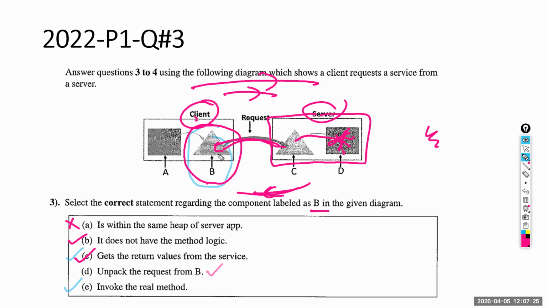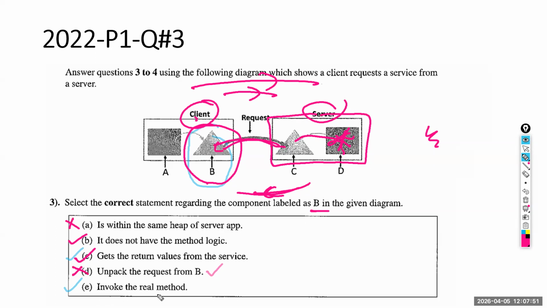Then this guy unmarshals the response. Unpack means unmarshal. Unmarshal the request is done by C. This will unmarshal the response. So you must be very careful. Therefore, I will say no because it says unpack the request. Unpack the request is here.